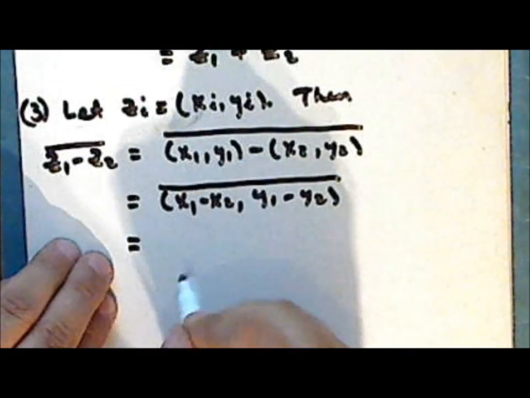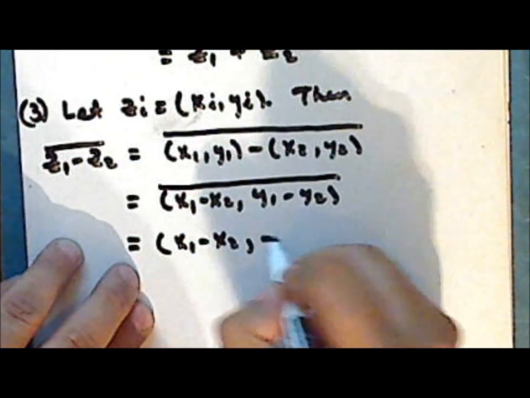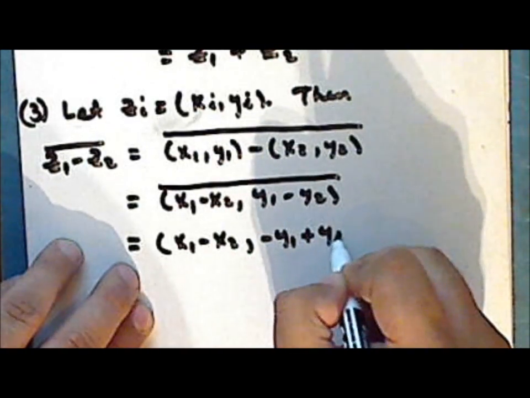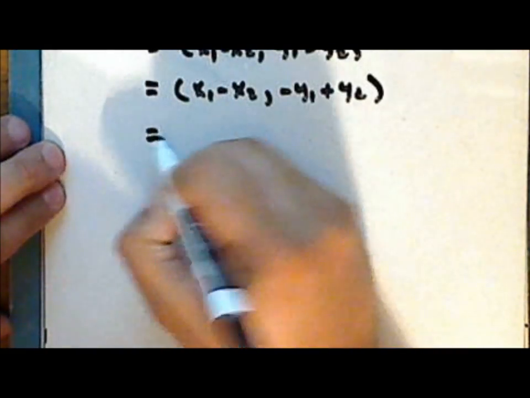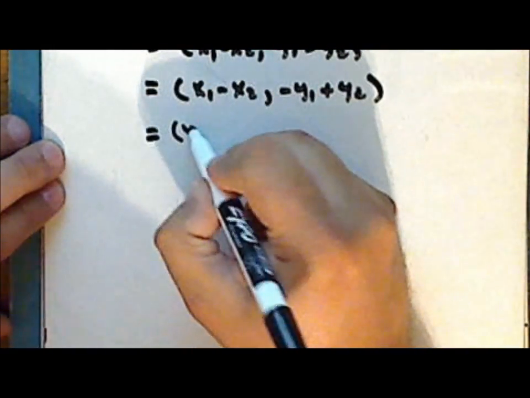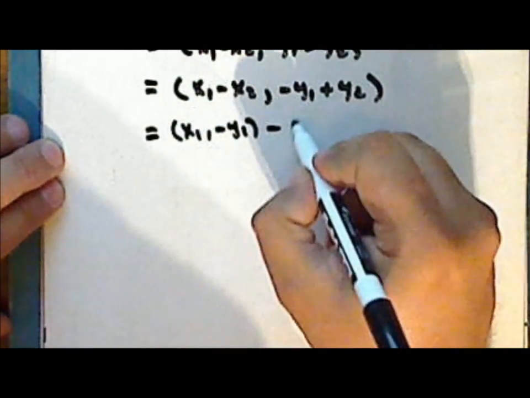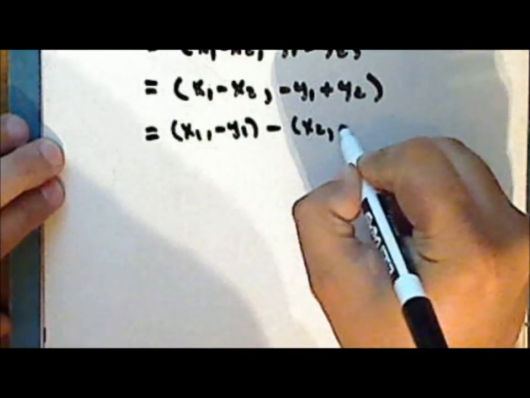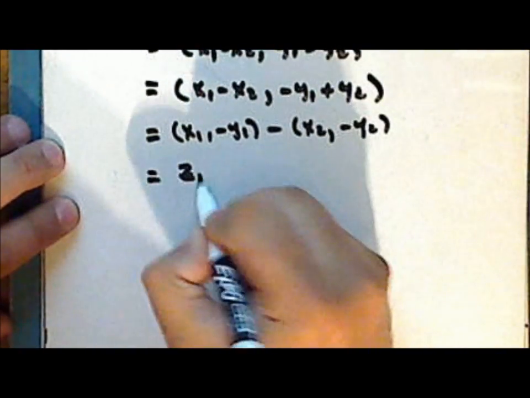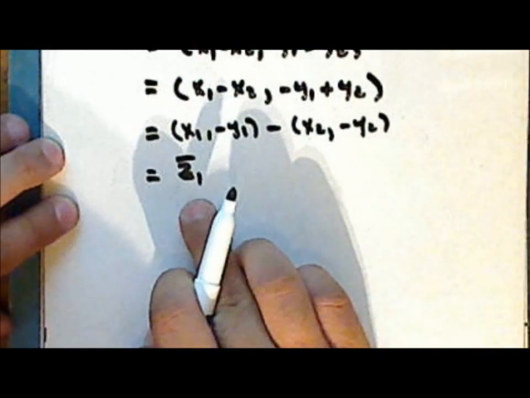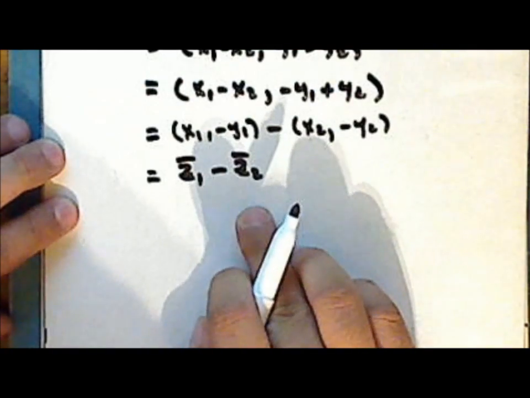The conjugate of this ordered pair is the ordered pair (x1 minus x2, -y1 plus y2). And so this is the difference between the ordered pair (x1, -y1) and the ordered pair (x2, -y2), and this is the difference of the conjugate of z1 and the conjugate of z2.